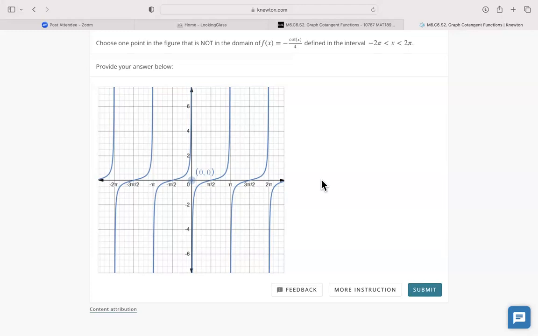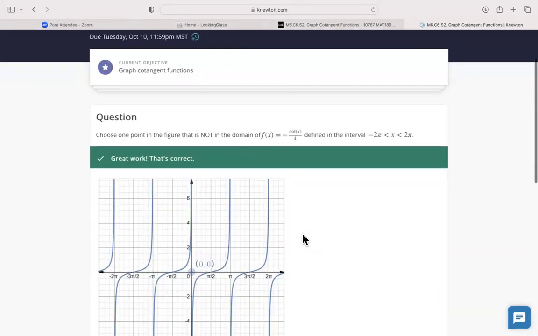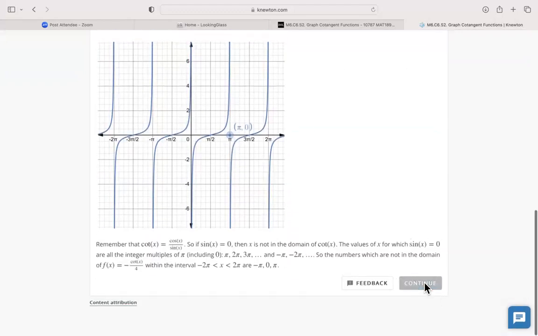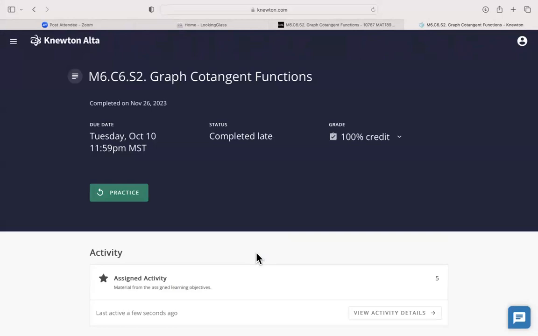And sine of 0 is 0, so it's undefined when you divide by 0, which is what's going on there. And it's periodic, so you can see it happens at pi or 2 pi. There's a bunch of places where it could happen. Okay, got it. Yay, another one done.